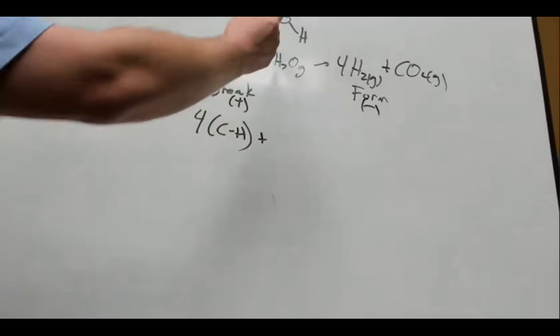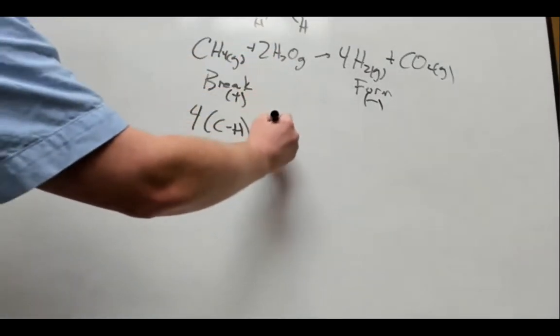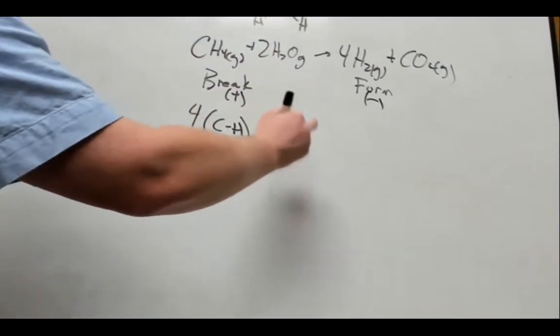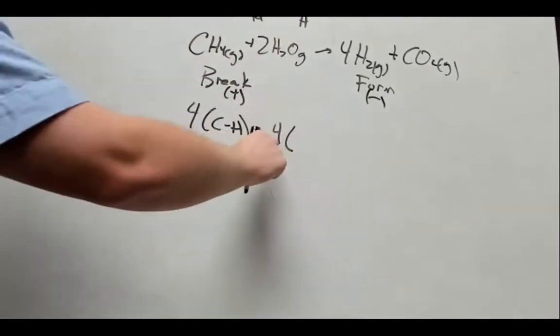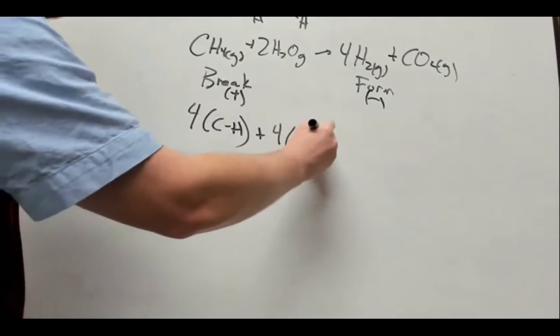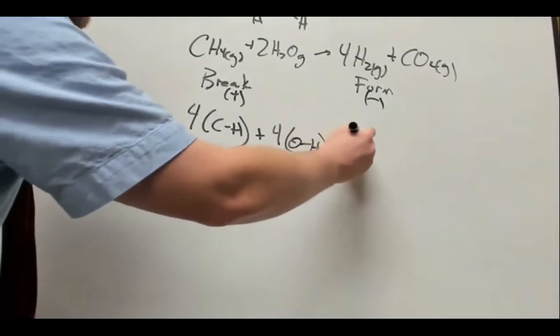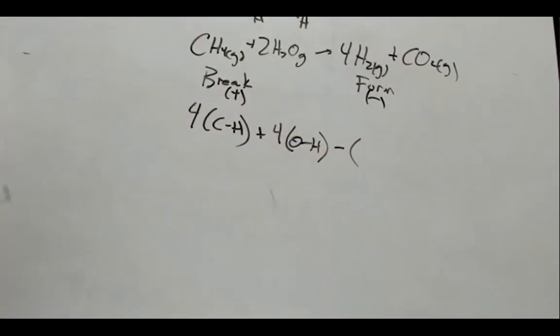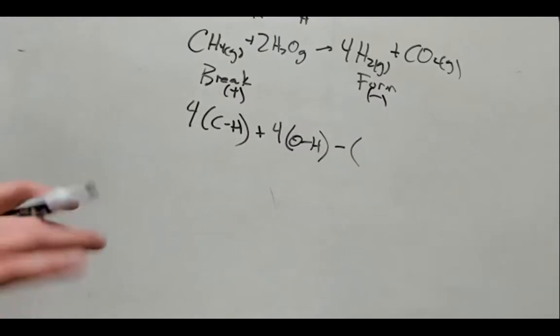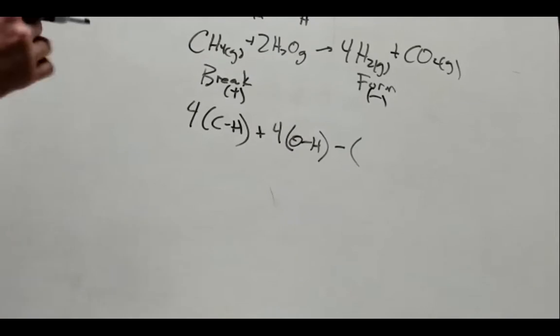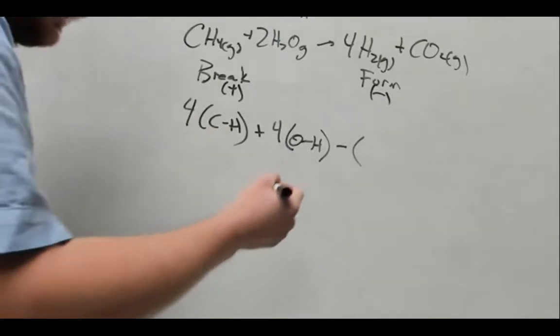But wait, how many moles of water do we have in this reaction? We have 2 moles of water, so 2 times 2 bonds breaking is going to be 4 of these bonds breaking. And so what I normally do is just do minus, because that way, it's going to be a negative number. It just helps me keep that negative number.